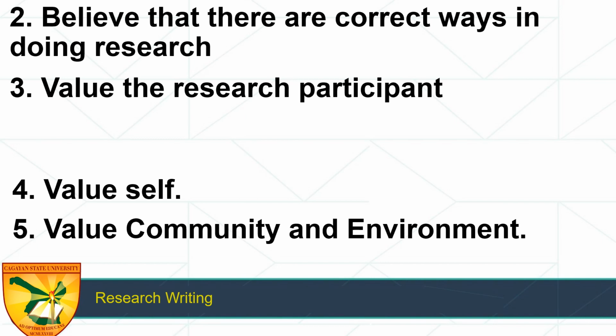So the protection of the research participants is a universal concern. Therefore, number three, we value the research participants. The foremost responsibility of the researcher is the protection of the rights, the safety, and welfare of each participant.